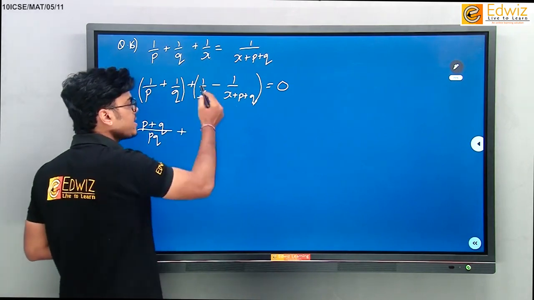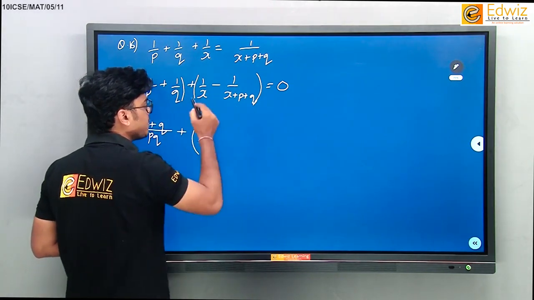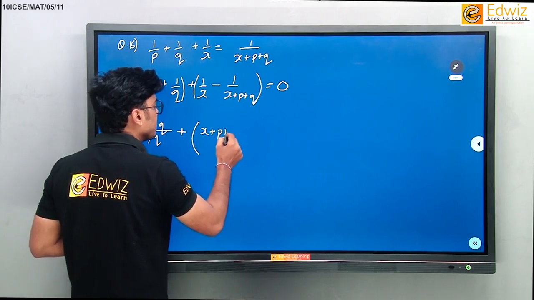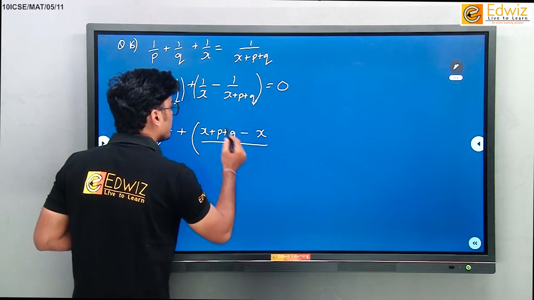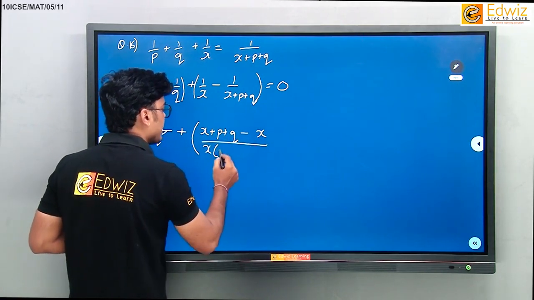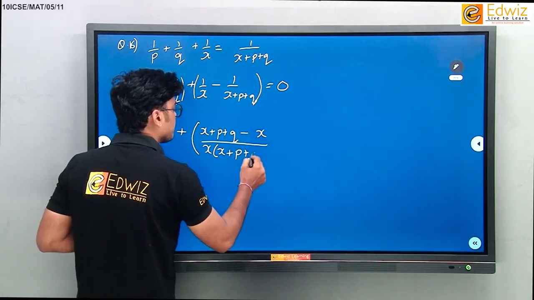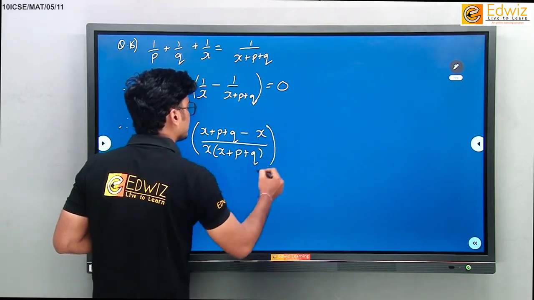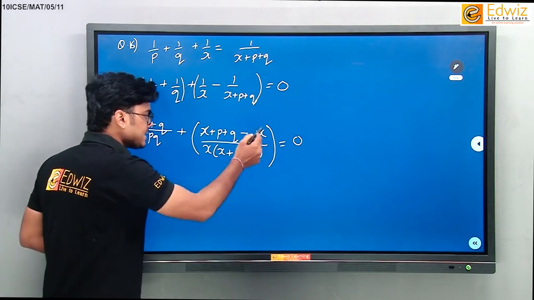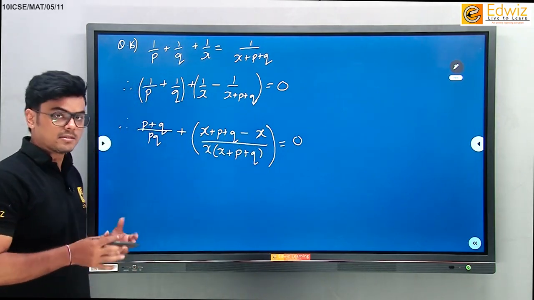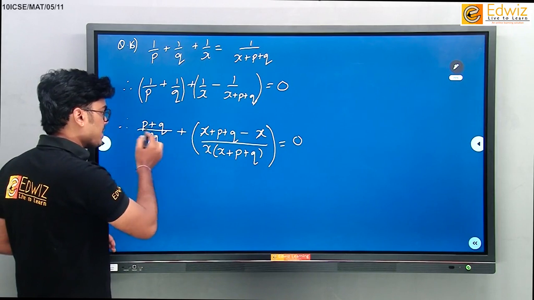Here again cross multiply. So this will become (x plus p plus q minus x) upon x multiplied by (x plus p plus q) equal to 0. Here you can see x and x is getting cancelled, x minus x is 0, and p plus q, p plus q.